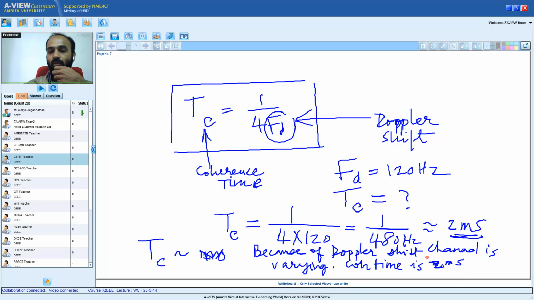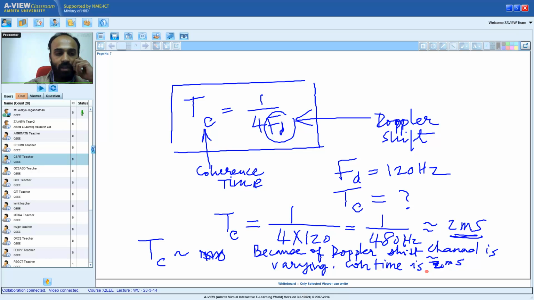What we are saying is coherence time is approximately of the order of milliseconds. That is, the channel is changing from millisecond to millisecond. So within 1 second, the channel is changing roughly about 1,000 times, right? So this channel has to be measured. This has implications, as these are key parameters of a wireless communication channel.